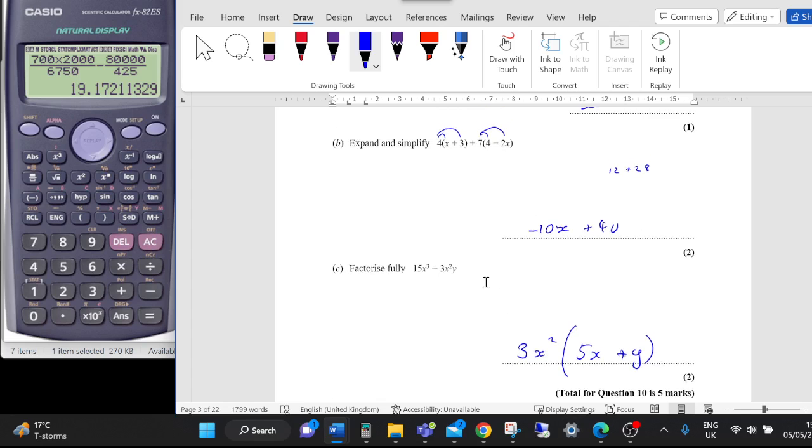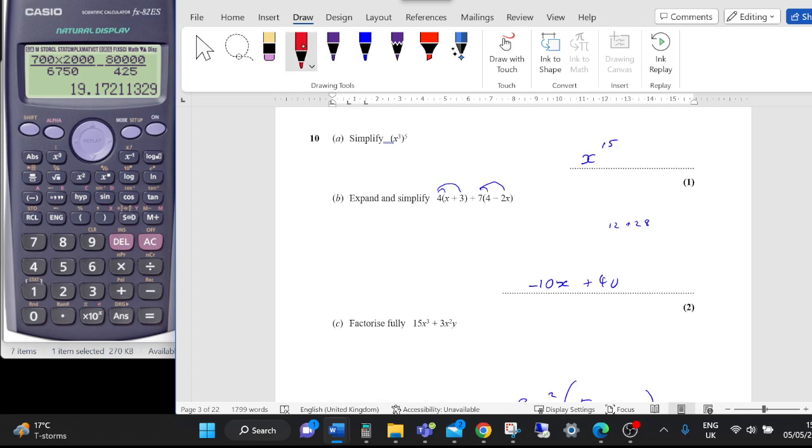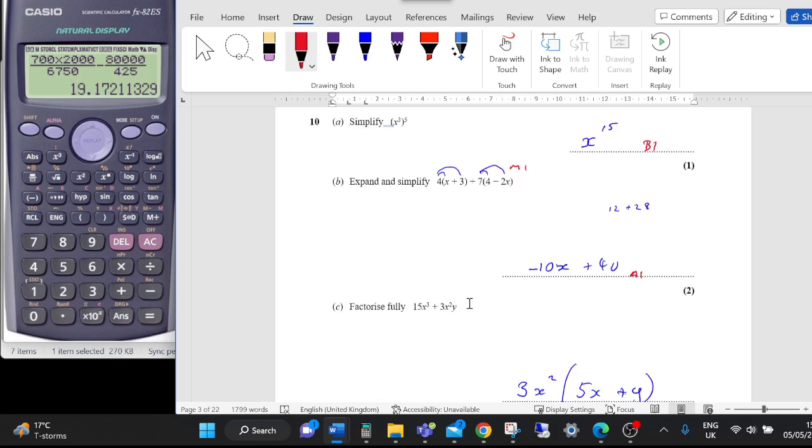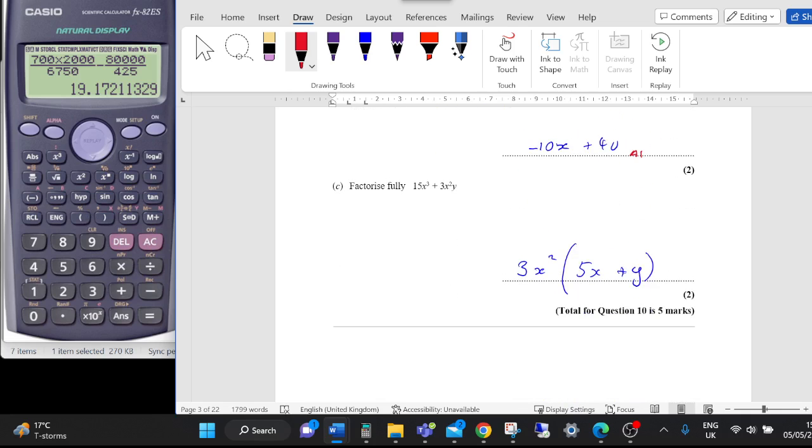The mark scheme states for part A, it's a B1 mark. For part B, it's an M1 and an A1, so I'm going to call that my method and an A1. And then for part C, it's M1 for taking out any correct factor, and then an A1 for the full correct answer.